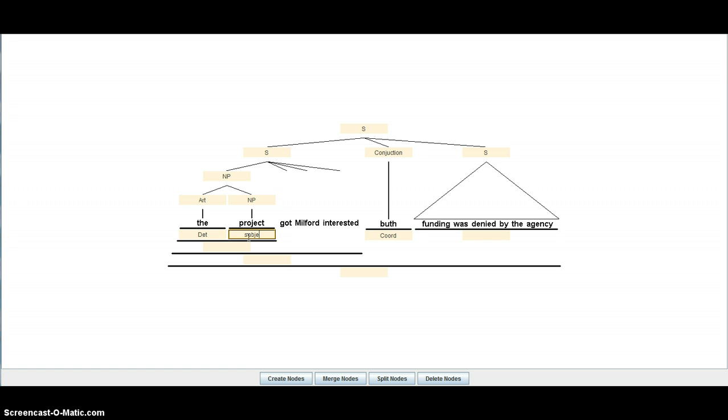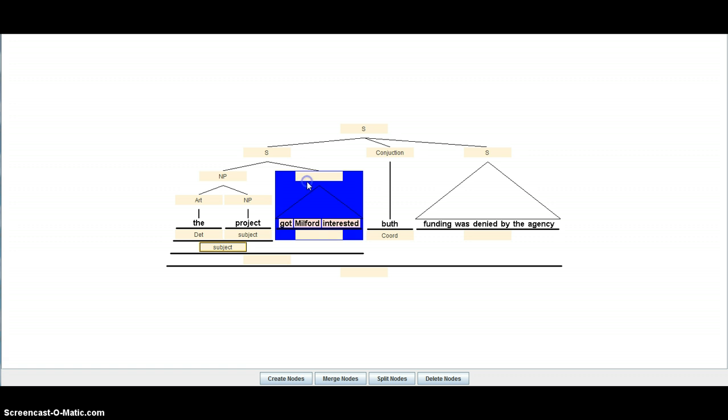That's the subject. We know the whole thing is the subject. Okay, got Milford interested is the predicate phrase.